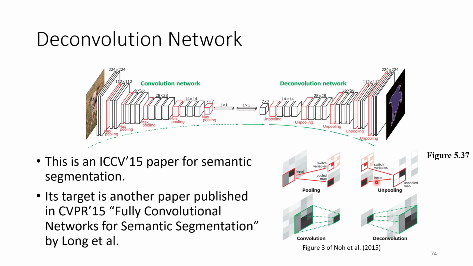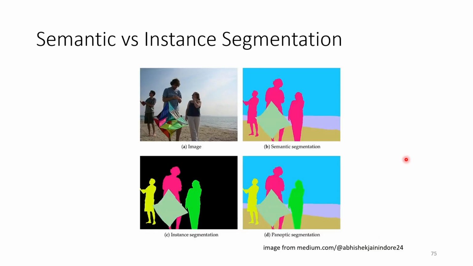But there will be a lot of empty or zero values in your newly reconstructed layer. So they need to apply the deconvolution to fill in those values. Okay, let's take a look.